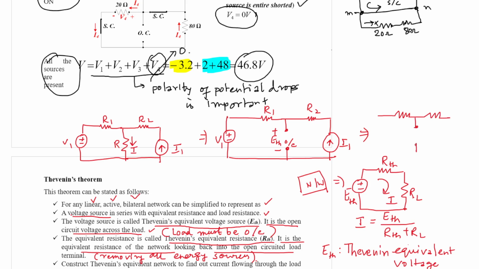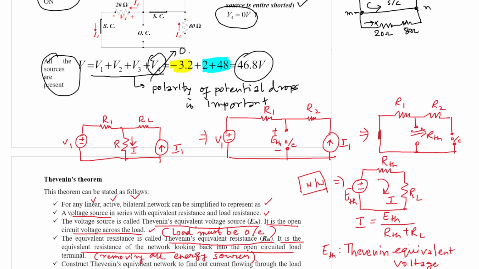So from here you need to calculate, it is RTH. Provided one condition, you need to remove all the energy sources. How you can remove energy sources was already discussed in the superposition theorem. If it is a voltage source, it should be shorted. If it is a current source, it should be open.